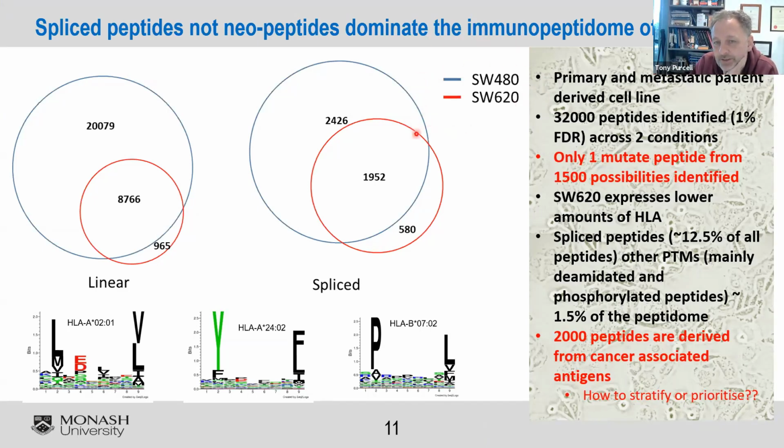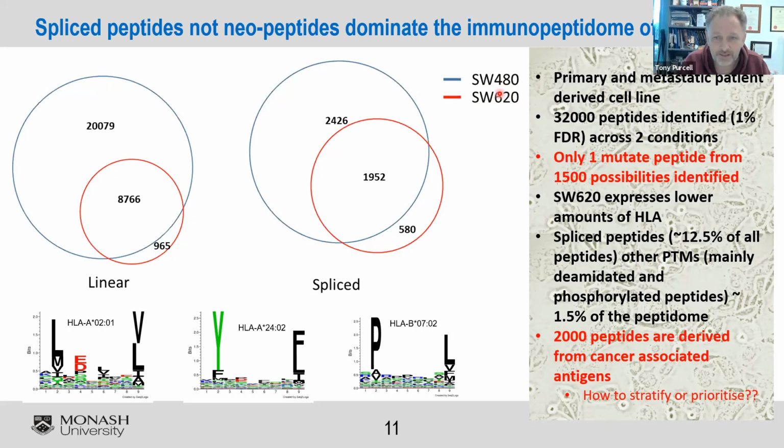The interesting thing about these two cell lines is that they are derived from the same patient. One is derived from the primary tumor. The second derived, I think, around 12 months later from a metastatic tumor isolated from, I think, a lymph node. So SW480 is the primary, SW620 is the metastatic derived cell line.